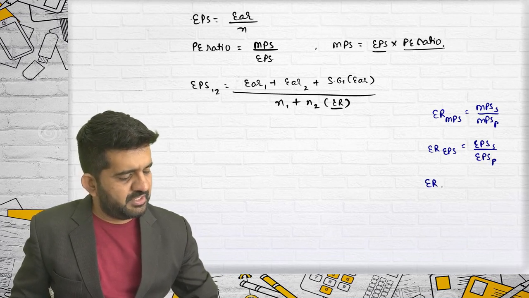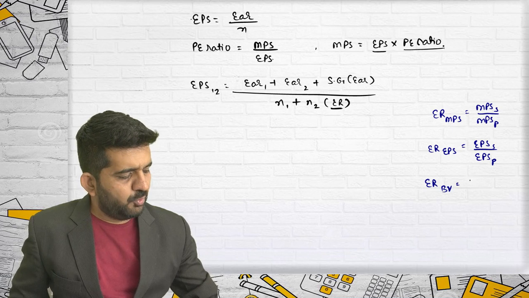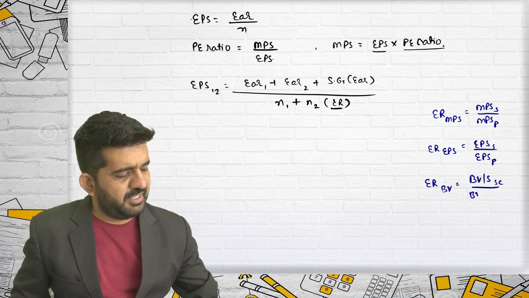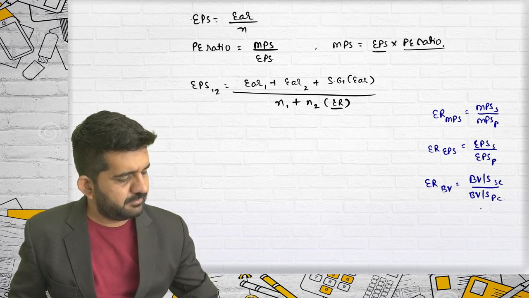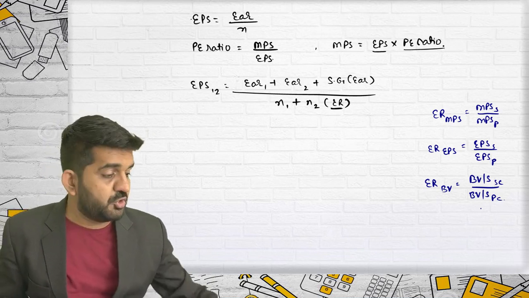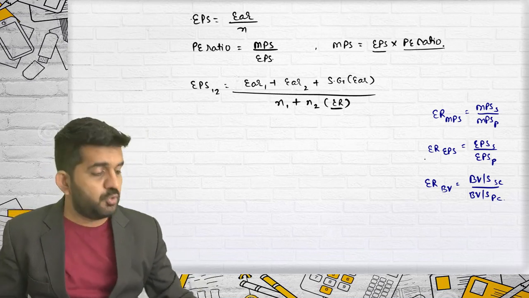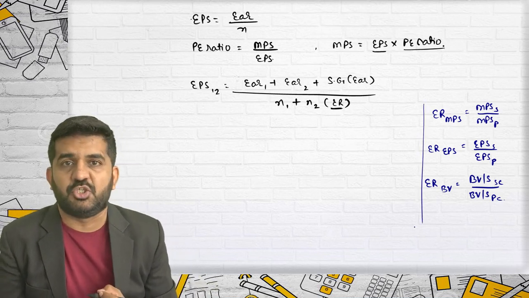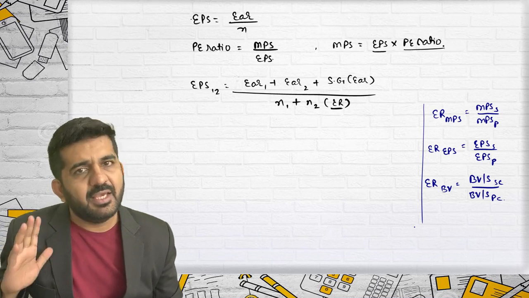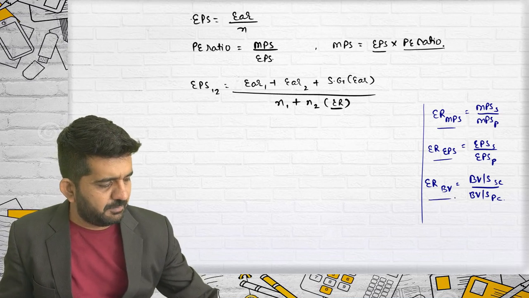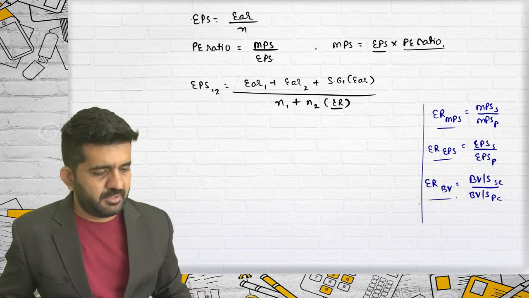Exchange ratio based upon book value, that is book value per share of the selling company divided by book value per share of the purchasing company. These are some of them, and we have done questions whereby the exchange ratio is based upon the average of these exchange ratios. The average weight will be given in the question. This is exchange ratio based upon MPS, based upon EPS, based upon book value.